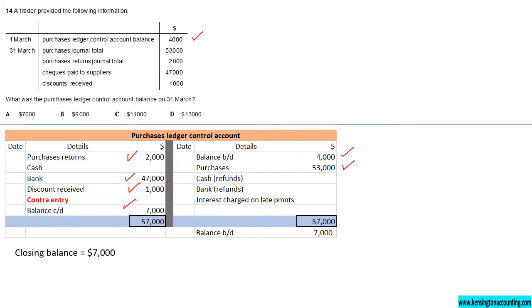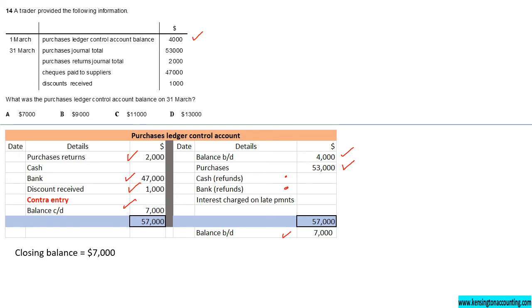Okay, and that's the balance brought down for next month. We have some additional items, like interest charged on late payments, which would increase the amount owed to trade payables. It's a credit entry. Any refunds by suppliers are also credit entries, the reverse of payments.